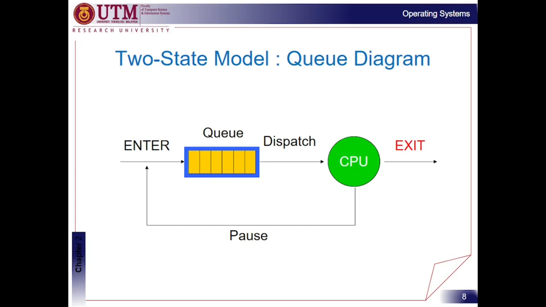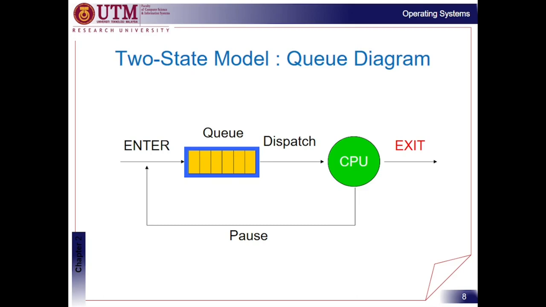The pause operation is the act of temporarily stopping a process from running on the CPU. This can happen for various reasons, such as when the process needs to wait for some input or output operation, or when the CPU needs to switch to another process with higher priority. When a process is paused, it is removed from the CPU and placed at the end of the queue.